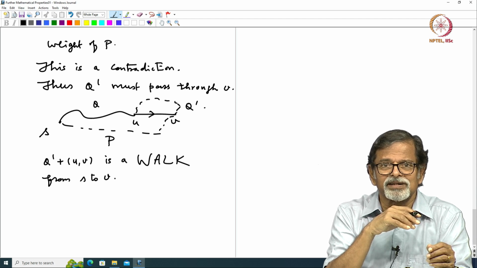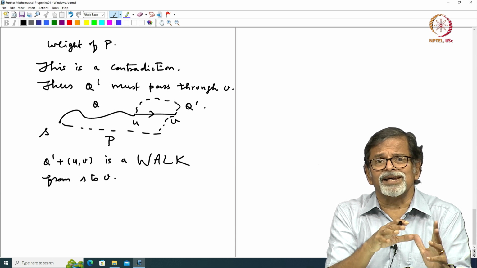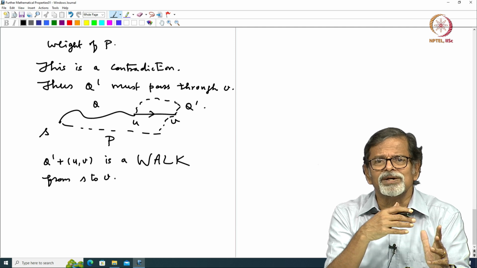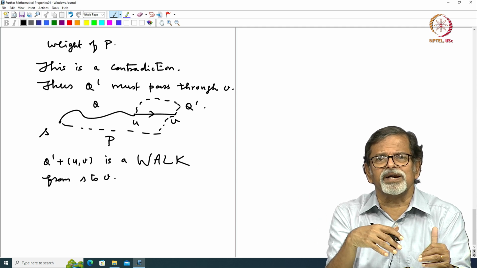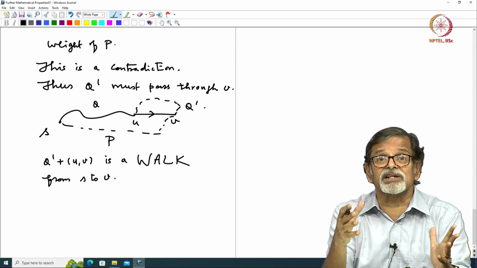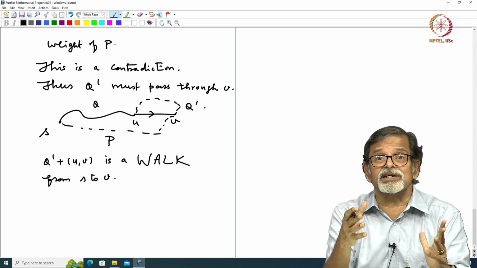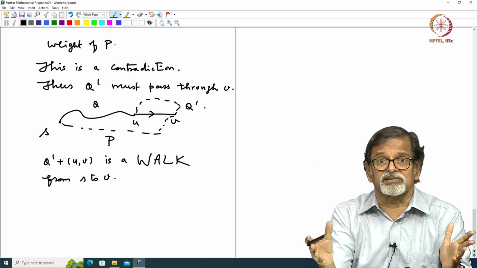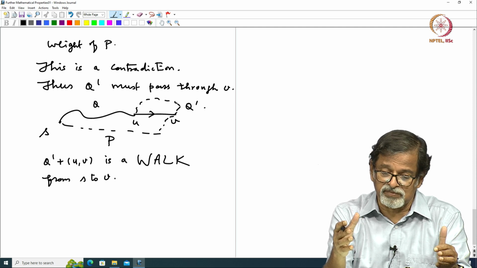Right. However, in any walk we can remove the cycles and reduce the weight, because G has no negative cycles.